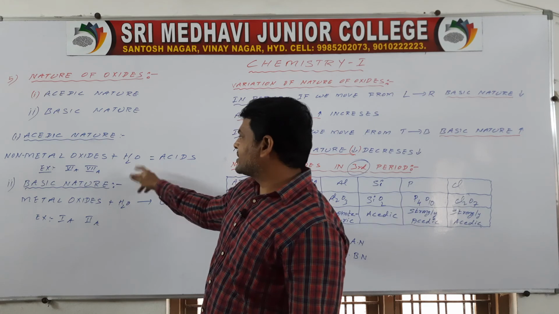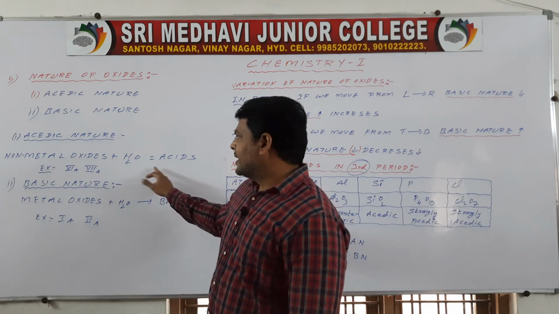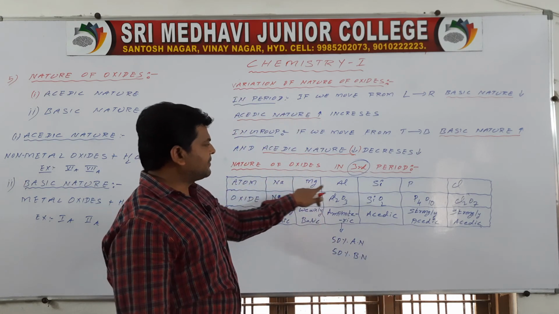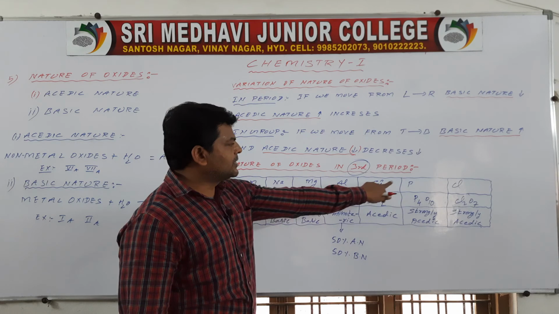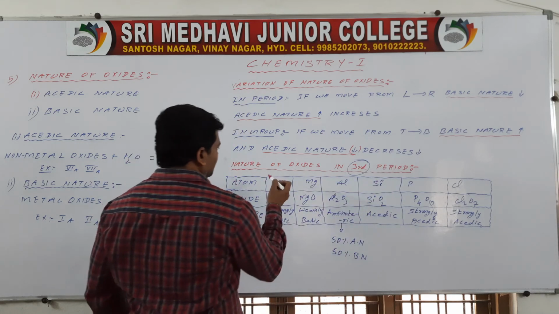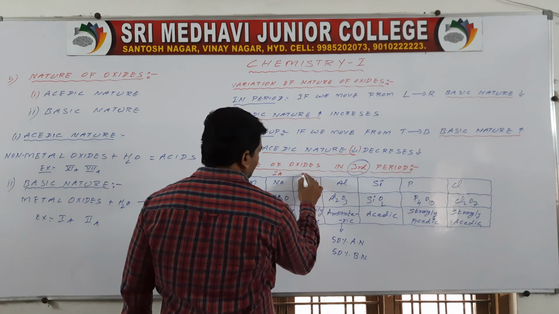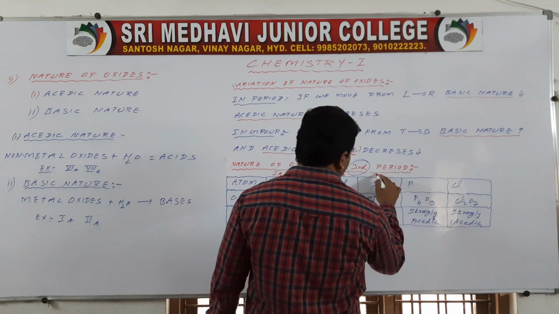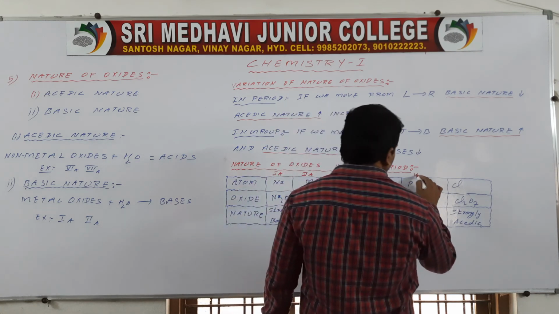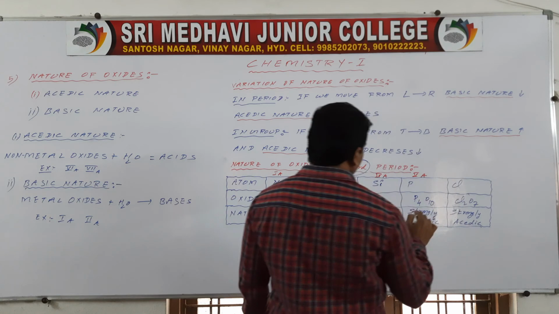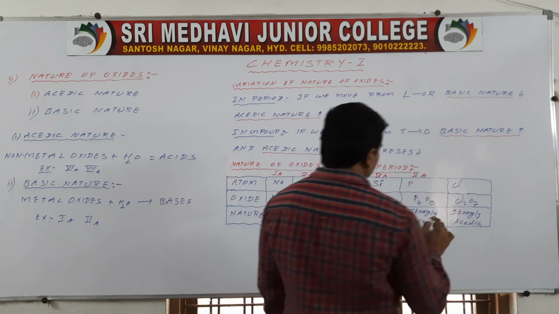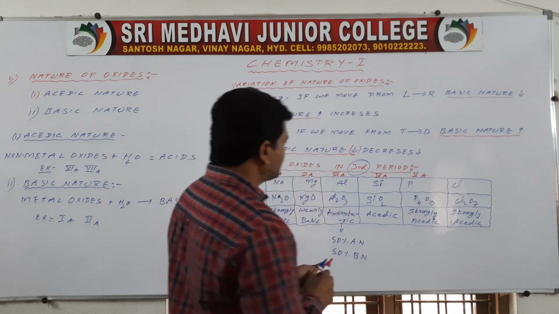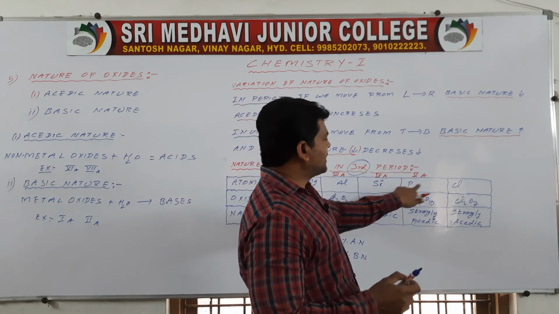Acidic nature: non-metal oxides dissolved in water give acids. Non-metals means 6th A and 7th A. Then sulfur also we have to take: silicon, phosphorus, sulfur, chlorine.